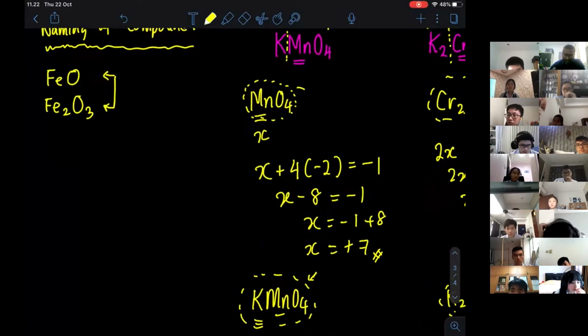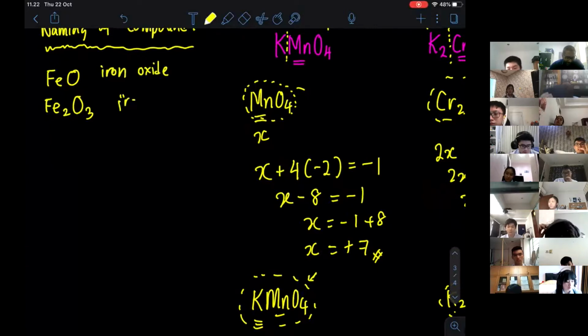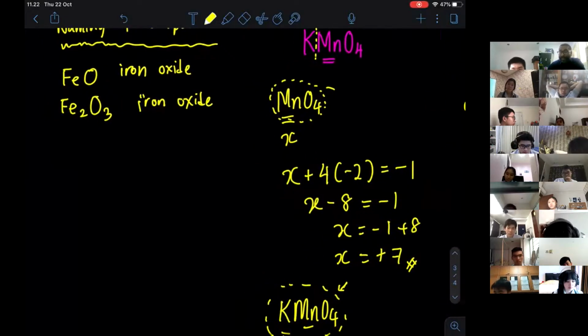They are very different because of the way they are combined, right? So is it fine to call them iron oxide and iron oxide? No, because they are different. So you have to come up with a name to distinguish them. How do I come up with a name to distinguish them? It is by using the oxidation number.